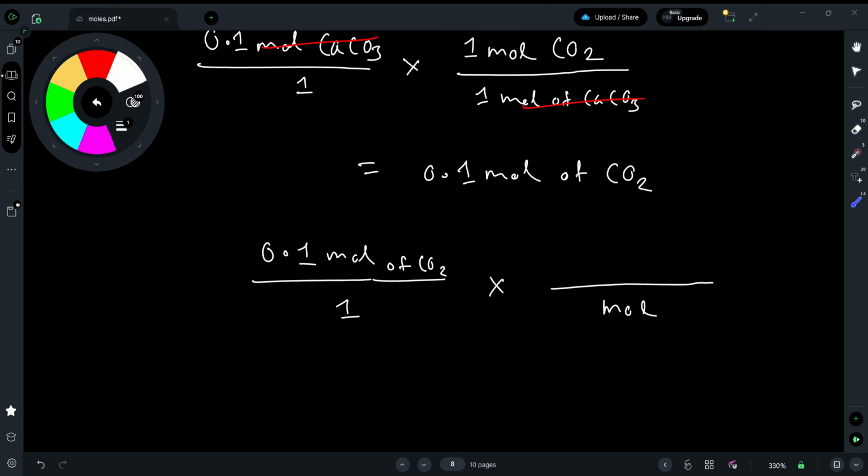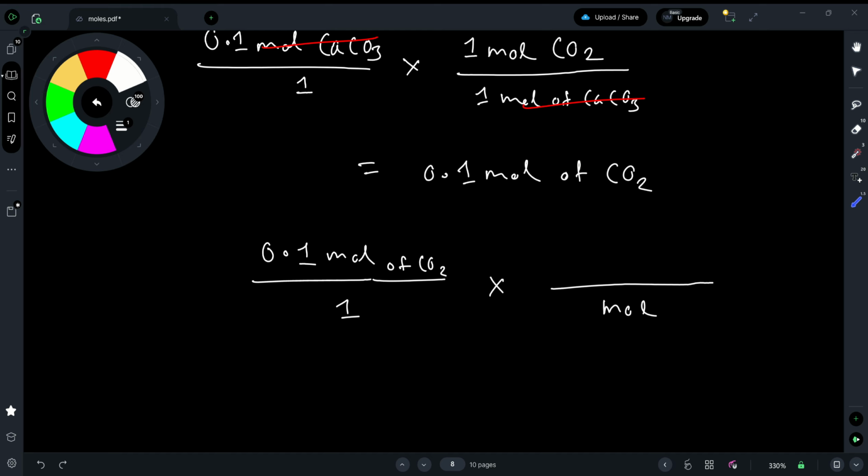Since we have mole over here, we put mole at the bottom. Carbon is 12 and oxygen is 16. So 12 plus 16 times 2 gives you 44. The mass of carbon dioxide is 44.